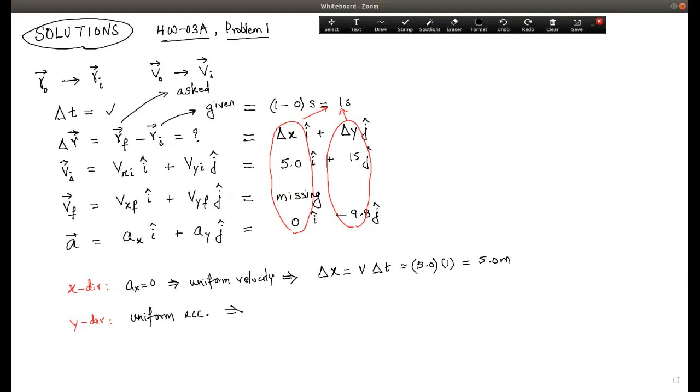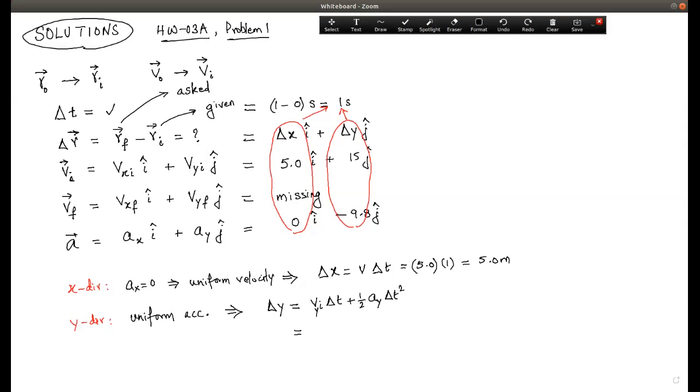And that implies further, in this case, since the missing variable is v final, the equation that we will use is delta y equals v initial delta t plus half a delta t squared, with the understanding that all these variables are vy initial and ay. That's the equation with the final velocity missing.